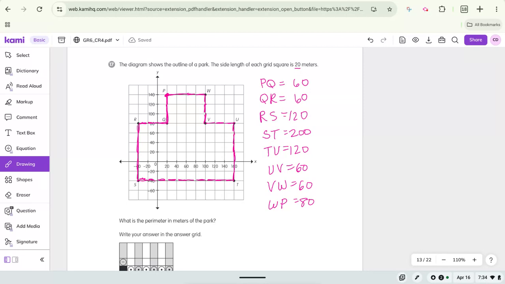And then I'm going to add these up to find the total perimeter. So if I add these up, the total perimeter is 760.